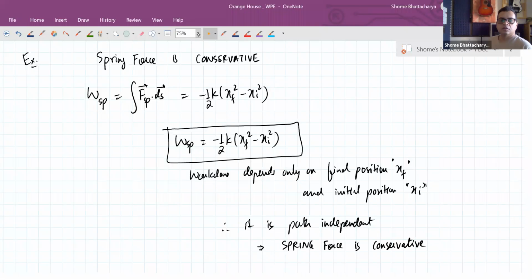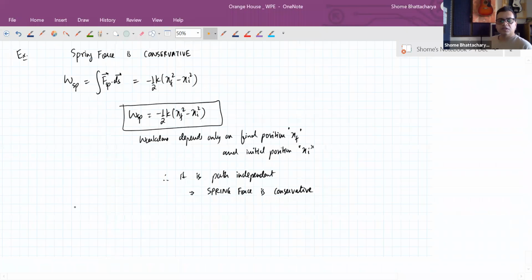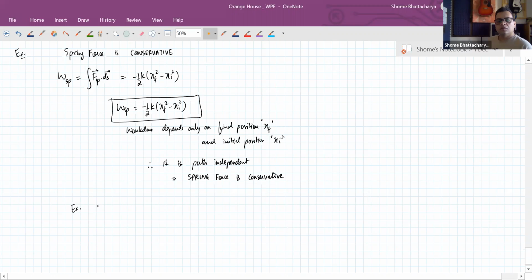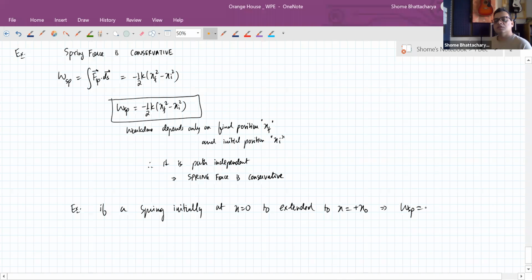Okay. So for example, if a spring initially at x equal to 0 is extended to x equal to plus x naught, the work done by the spring in that process is minus half k x naught square.